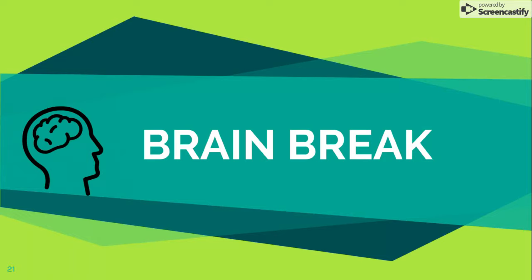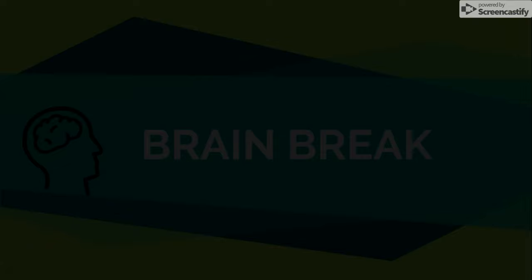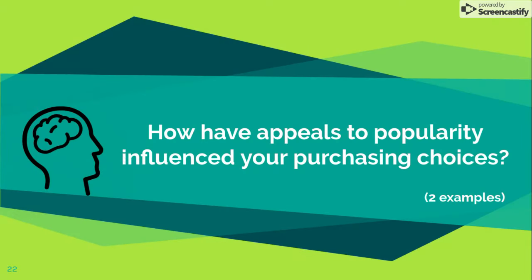Moving on, I have one last brain break exercise. For this one, it's not a long question, don't worry. But when you answer it, I want you to share your ideas as a reply to my post if you have a chance to. I'm curious to know what you're going to say. My question is, how have appeals to popularity influenced your purchasing choices?